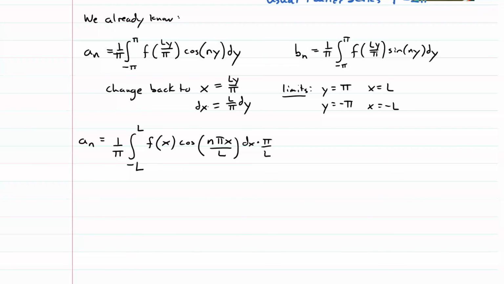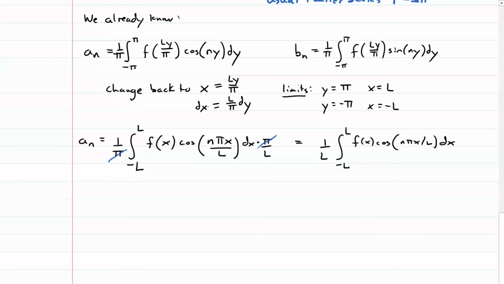And you can see something nice happens here, that this pi cancels with that pi. And it all looks fairly straightforward here. I have 1 over L, integral minus L to L, f of x, cosine n pi x over L dx.